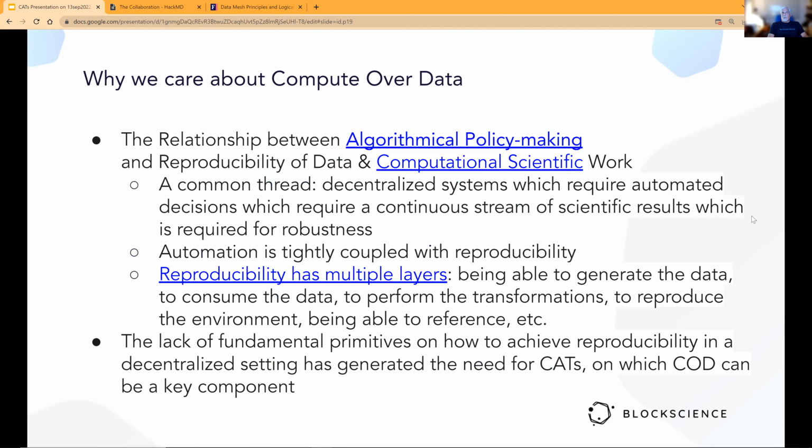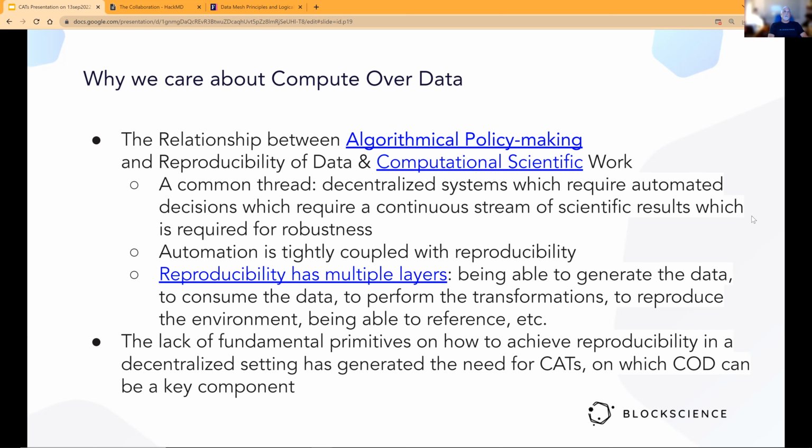And then given who we are and our relationships, why do we care about compute over data? I think Kelsey is by training an ethnographer, and I think it's important to call out that these aren't just technical problems that we're trying to solve; they're social problems as well.